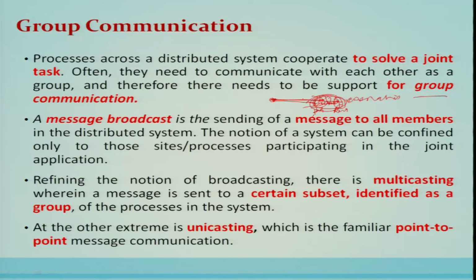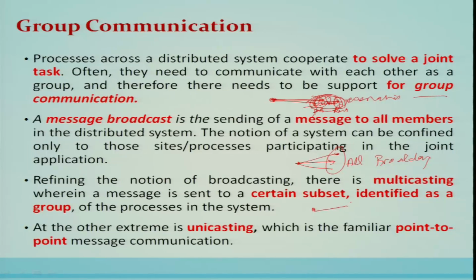A message broadcast is sending of a message to all the members in a distributed system. The notion of a system can be confined only to those sites and processes participating in the joint application. Refining the notion of broadcasting, there is multicasting, wherein the message is sent to a certain subset identified as a group of the processes in the system. At the other extreme is unicasting, which is the familiar point-to-point message communication. Let me tell you that sending a message to all is called broadcasting.